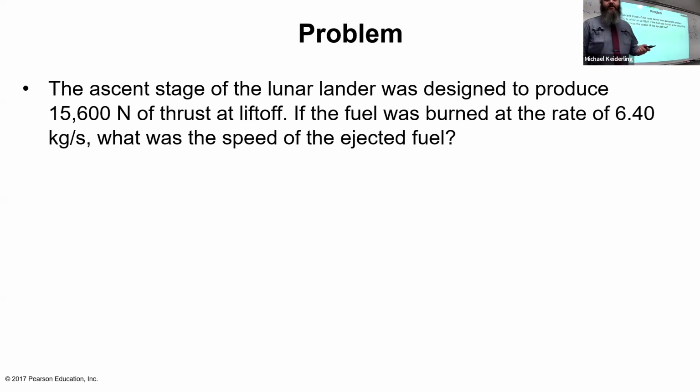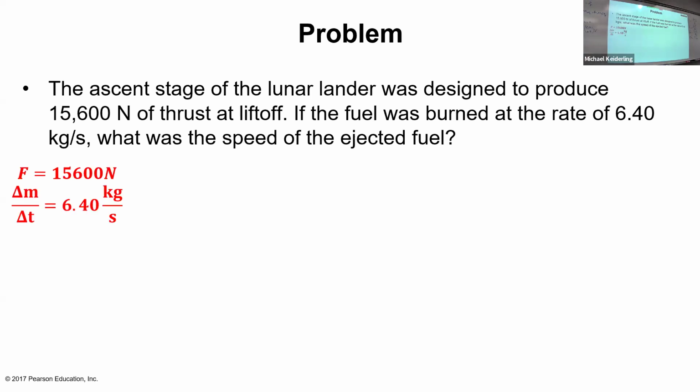So here, force is 15,600 newtons. Delta m over delta t is 6.4 kilograms per second. And we're looking for velocity, speed. So force equals delta m over delta t times v.